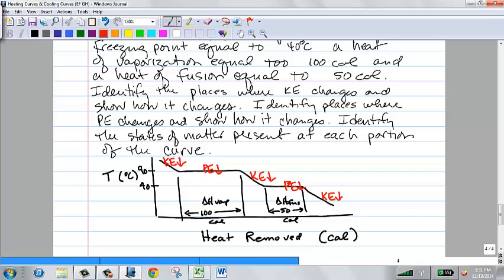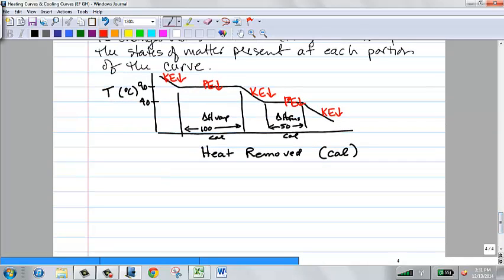And then finally, it says identify the states of matter present at each portion. Things can get a little crowded, so that's why sometimes it's helpful to label with points. A, B, C, D, E, F, and then you can say from A to B, you only have a solid, and from B to C, you have solid changing. Oh, sorry, backwards, I'm thinking heating curve. From A to B, I have a gas. From B to C, I have a gas that's condensing to liquid.